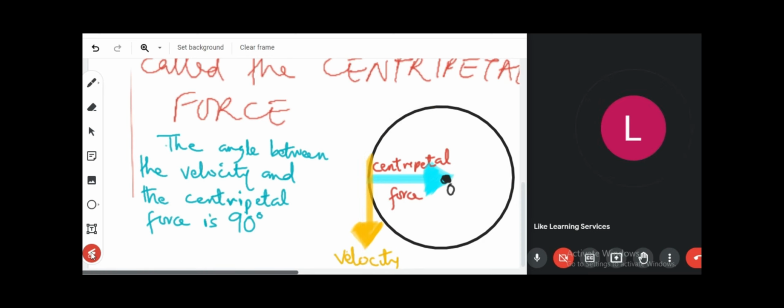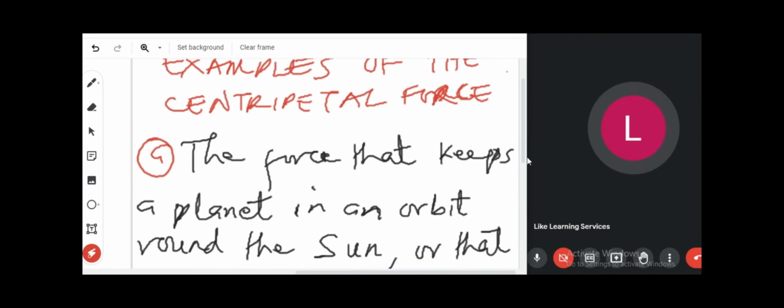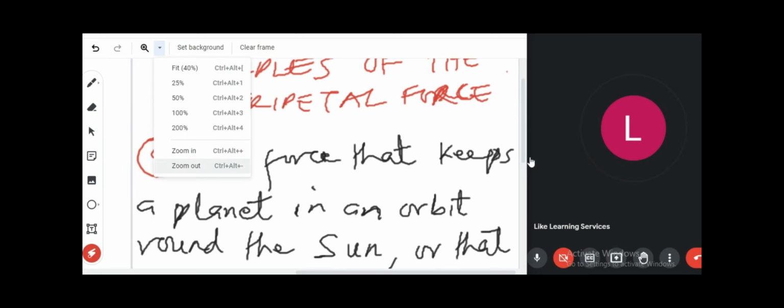Okay. Now we can see some instances where you have the centripetal force at work.